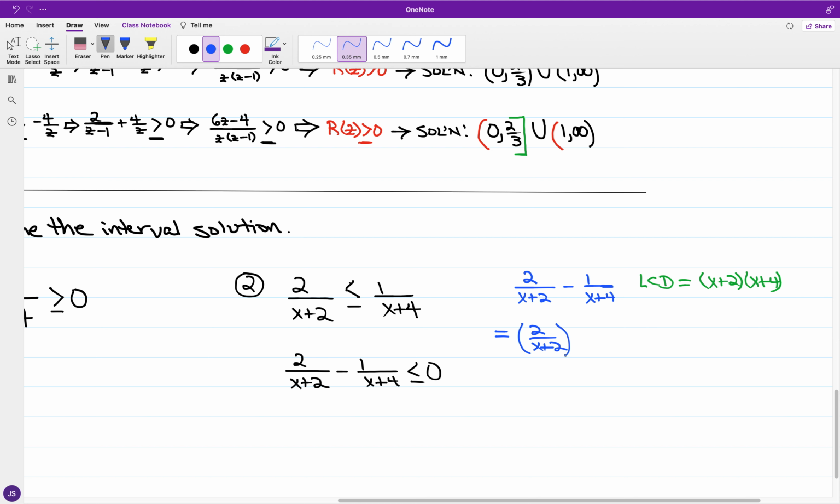Okay, so for 2 over x plus 2, okay, we have the x plus 2 factor and need the x plus 4 part. Okay, with the other, so you have got subtraction. Now we got 1 over x plus 4. For the least common denominator, okay, we have the x plus 4 part and need the x plus 2. So we'll multiply the second ratio by 1 in the form of x plus 2 over itself.